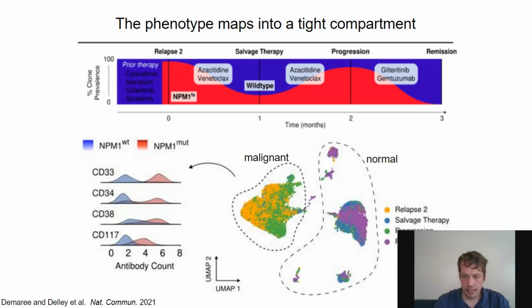Now, if we look at the immunophenotype at the bottom in the UMAP representation, we again get the immunophenotypic compartments for the normal cells on the right, and then an immunophenotypic signature that is characteristic for these kinds of cancer cells. And interestingly, over the whole treatment time course, so these 4 samples that I processed from this patient, the immunophenotype remained very much constant. So all the time the cells map back to the same compartment.